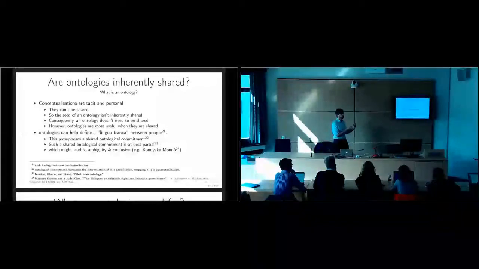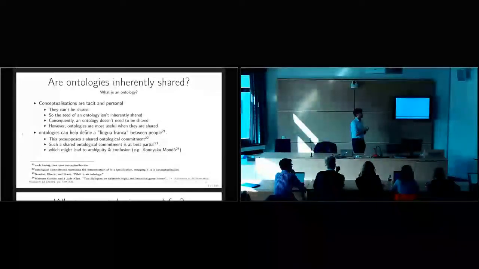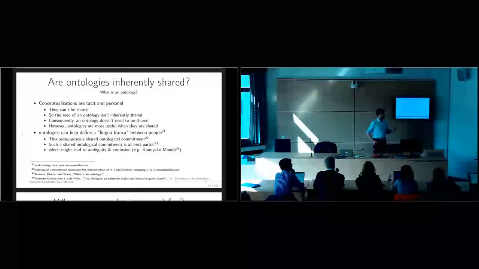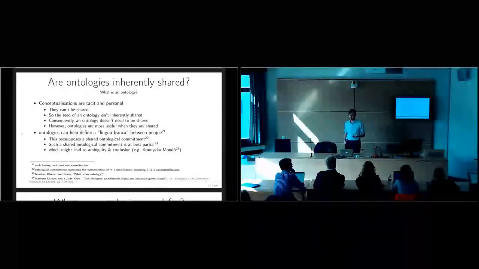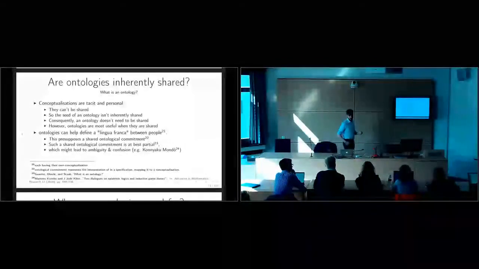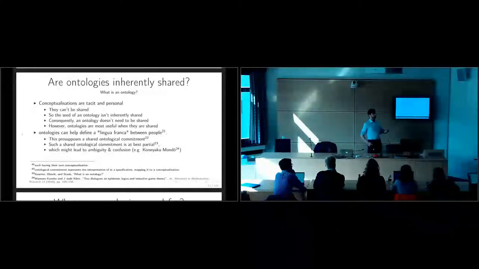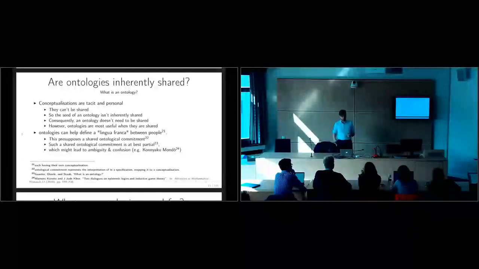So that is also an ontology. But of course, ontologies only become really useful to us when they are shared. Because then we can establish a shared understanding. So what we're trying to do then is define what's called a lingua franca, a language made for sharing.